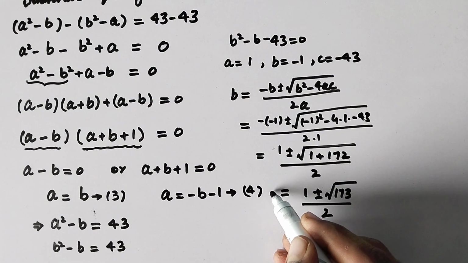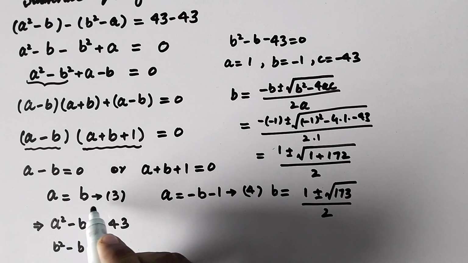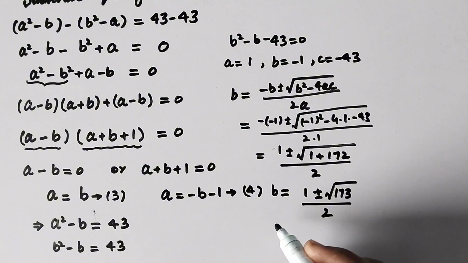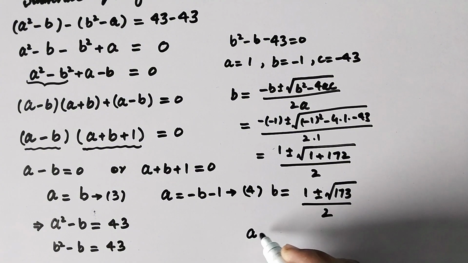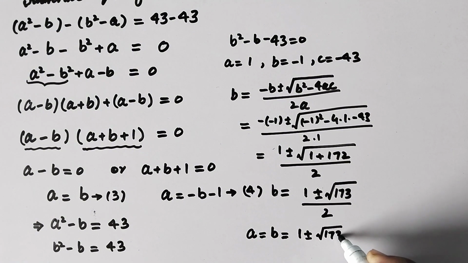So this is the value of b, and as a is equal to b, we will write a equal to b also equal to 1 plus or minus square root of 173 divided by 2. That is one solution of a or b.